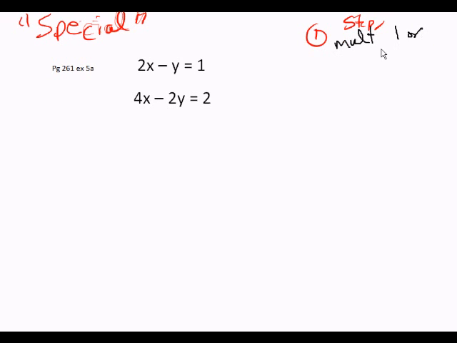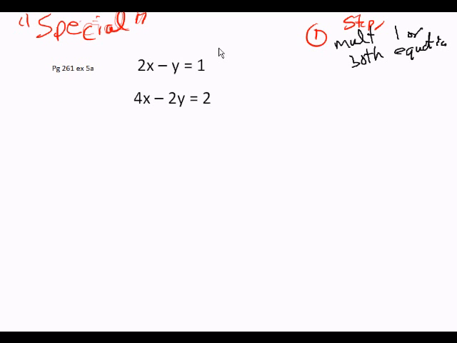So step number one, same steps that we've been using: multiply one or both equations to try to get the x or y's the same. Which ones do you want to get the same, x or y's? Just pick one. It doesn't matter here. Okay, let's get the y's the same.